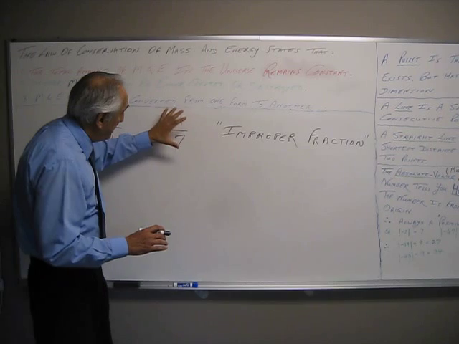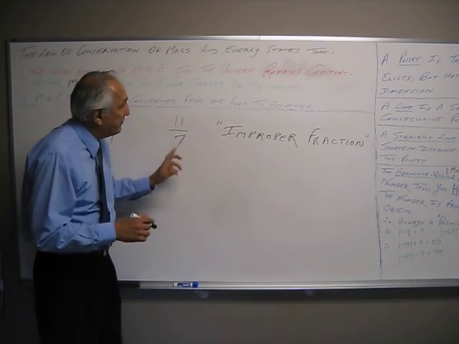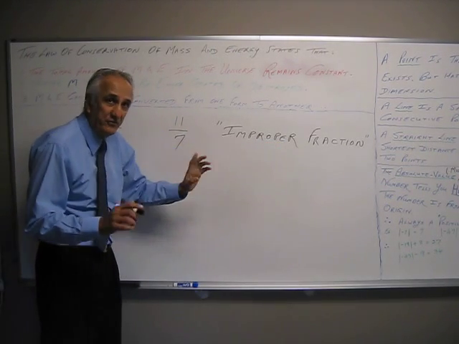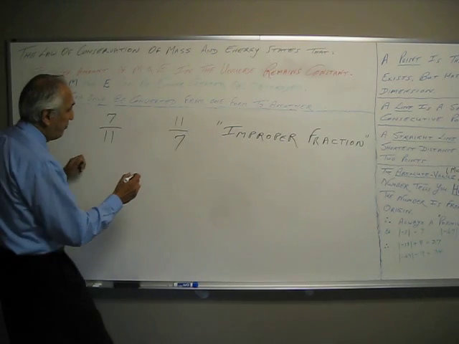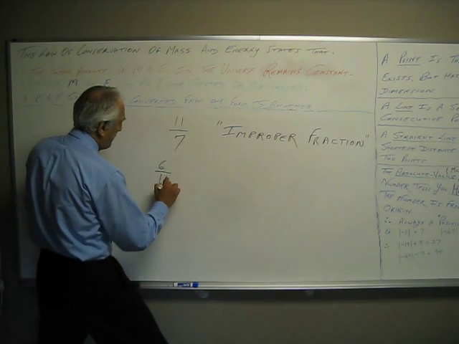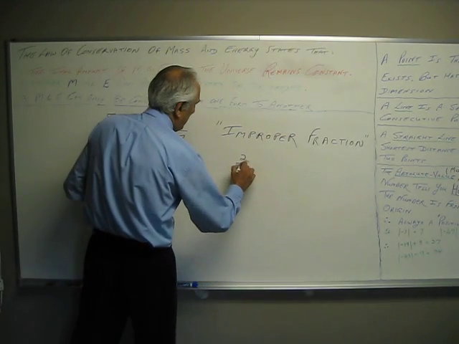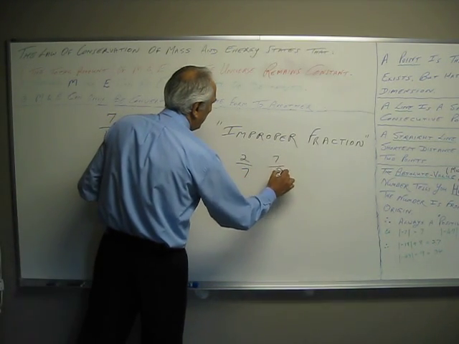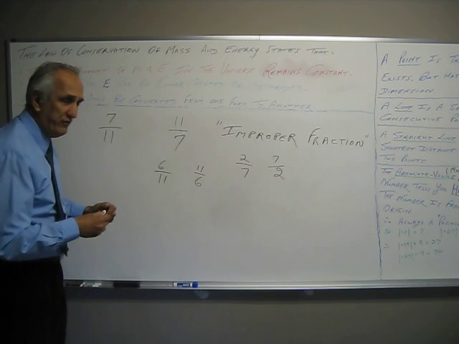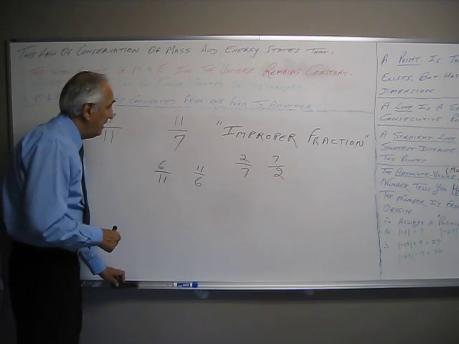And the 11 out of 7 makes no sense, therefore they are called improper fractions. So far so good? So, proper fraction, improper fraction. So far so good? Let's go ahead.